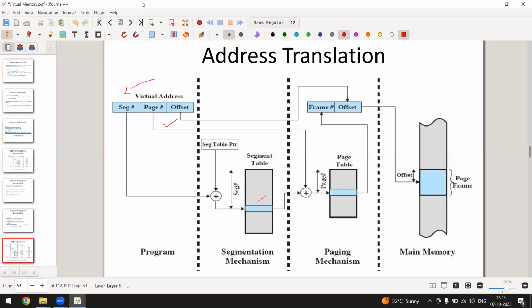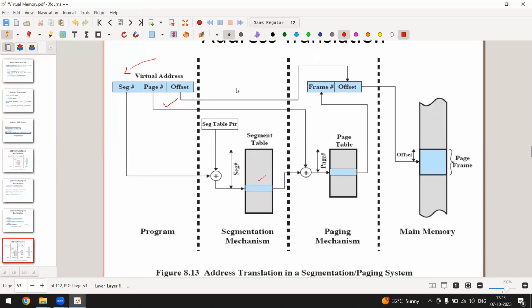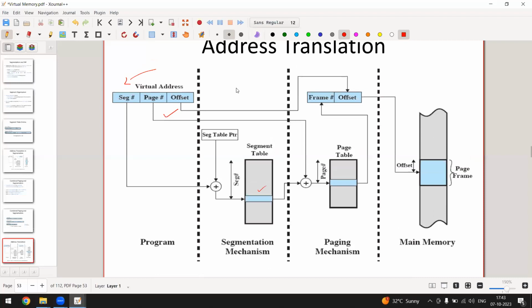As you can see, this structure can give you benefits of both. But as you increase more and more components, the hardware complexity is increasing. The hardware complexity increases proportional to the complexity that you include in your circuit, in your address translation mechanism.